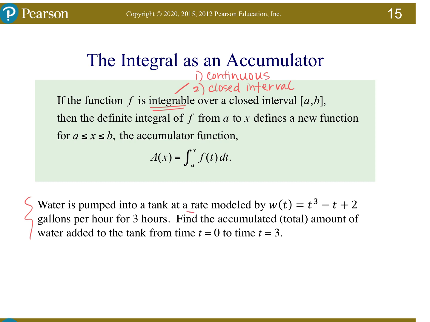All right, so we are given the word rate. The word rate is synonymous to the word derivative. And so the rate is this thing. This is already a derivative. Even though it says W of t, it is already a derivative. You can also tell it's a derivative because the units already have gallons per hour.